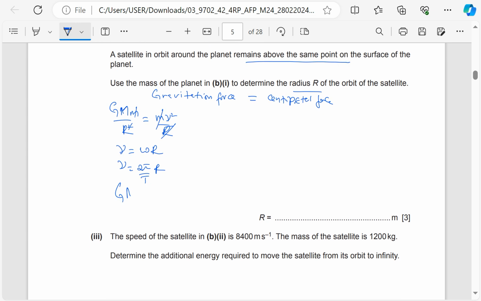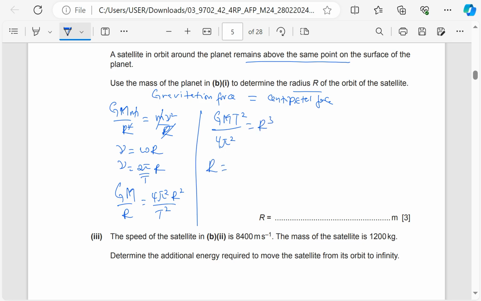So I have capital G M over capital R is equal to v squared, which will be 4 pi squared r squared over T squared. So I must make r the subject. So I have that G M T squared divided by 4 pi squared is equal to r cubed.